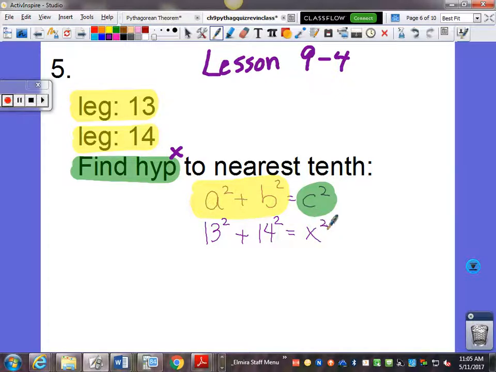Alright, 13 squared is 169, and 14 squared is 196. Bring down my x squared, and then add 169 and 196, and you get 365.